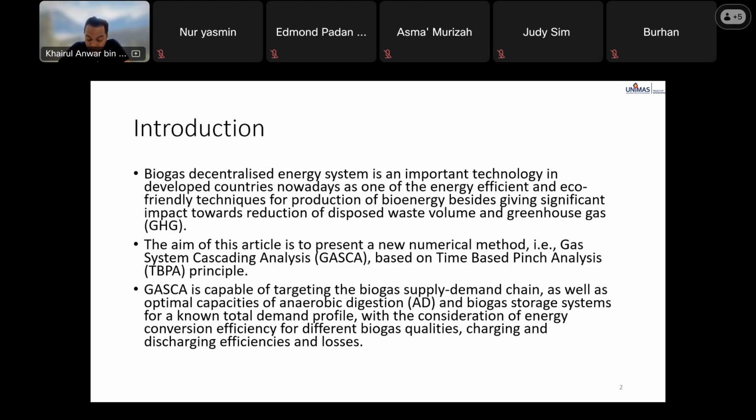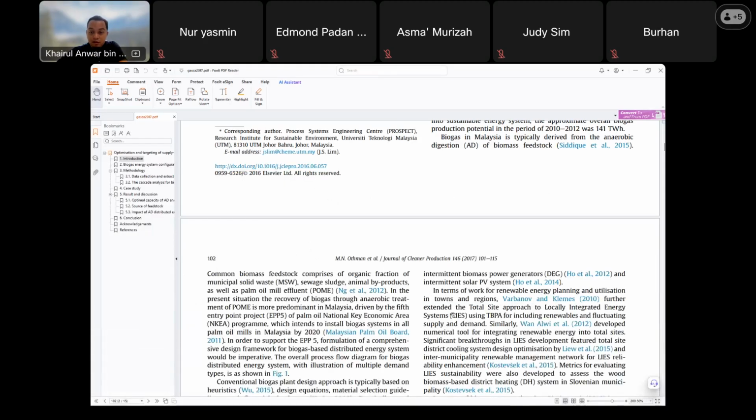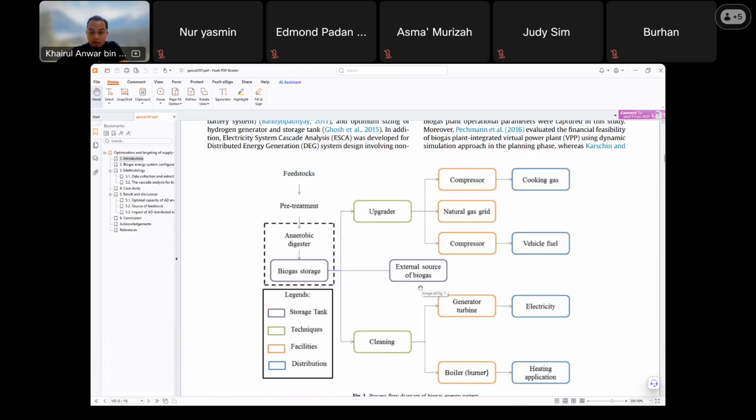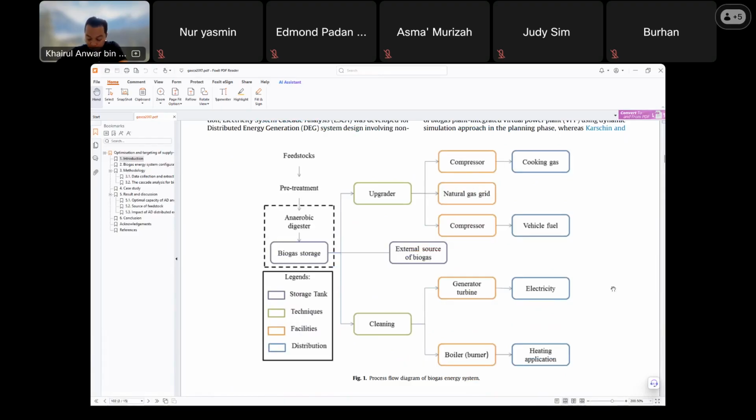The overall process for the biogas distributed energy system with illustration of multiple demand is shown in figure 1. This is the process diagram. Let's start with the feedstock treatment, then into the anaerobic digestion.